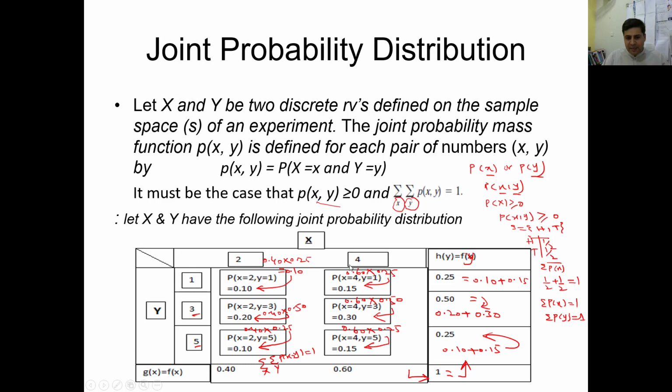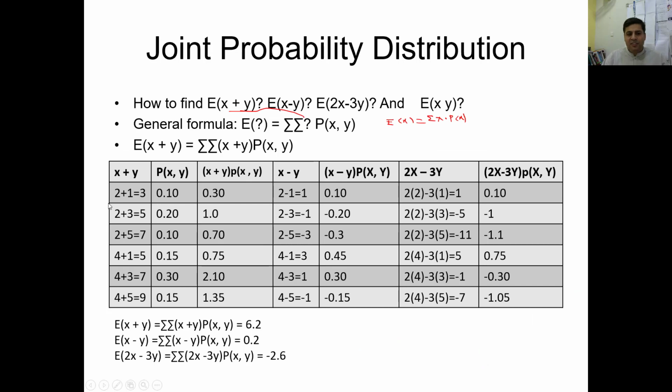Similarly 4 plus 1, 4 plus 3, and 4 plus 5. This is the value of x, and this is the value of y. In this way we will construct x plus y.